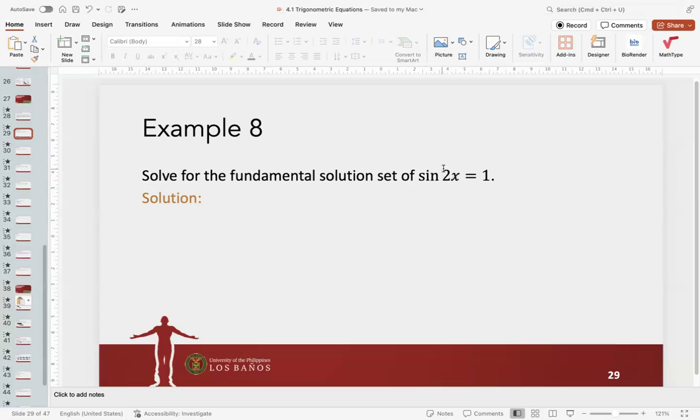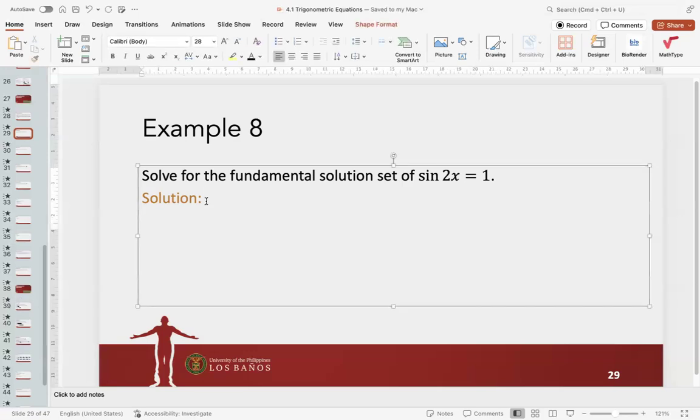But because here our argument is 2x, we have a value of n equals 2, meaning we have 2 cycles, then we need to get our solution, instead of just from 0 to 2 pi, from 0 to 4 pi.